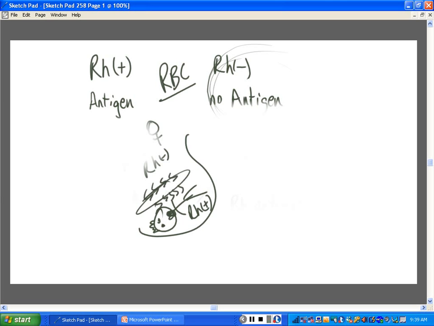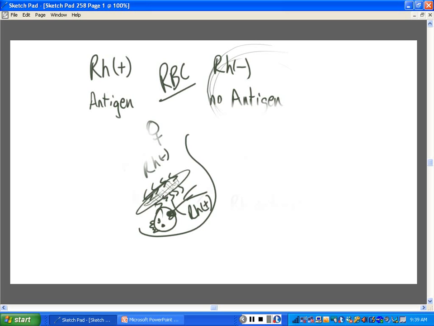It's called a placenta, right? And what does a placenta do? Mom's blood vessels come in here, baby's blood vessels come in here. There's a little space between them where stuff can diffuse back and forth if it's small enough. Like oxygen, like sugar, like electrolytes. It's made to do that. Stuff can move.